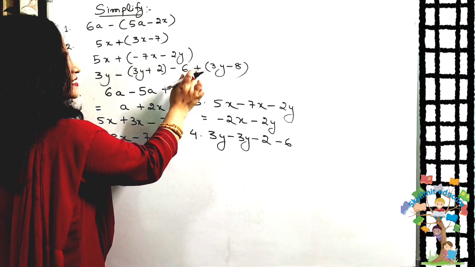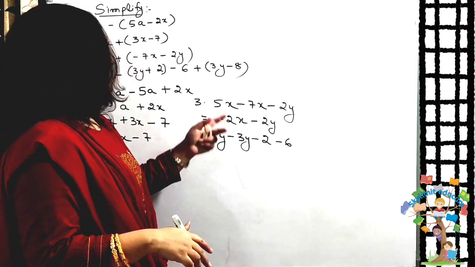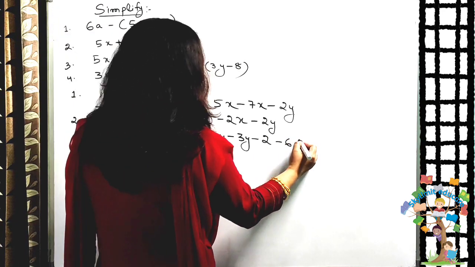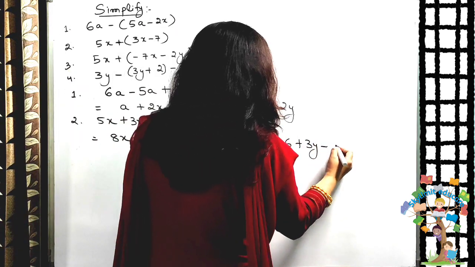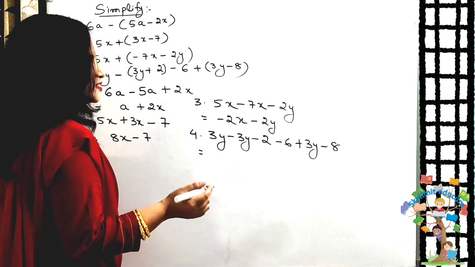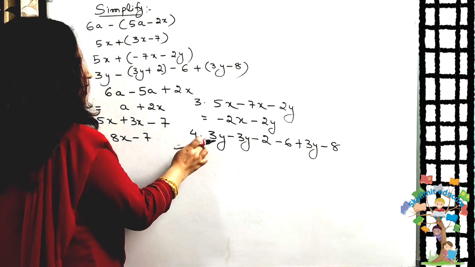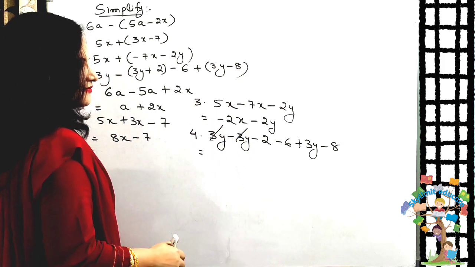Now let us open this bracket. Outside this bracket what sign is there? Plus sign. So no need to worry. So 3y is plus; it will remain plus 3y only. And minus 8 will also remain minus 8 only. Clear? Now let us arrange the like terms. But before that, you can see, students, this is plus 3y, this is minus 3y. You can remove them from the first step itself. Yes or no?